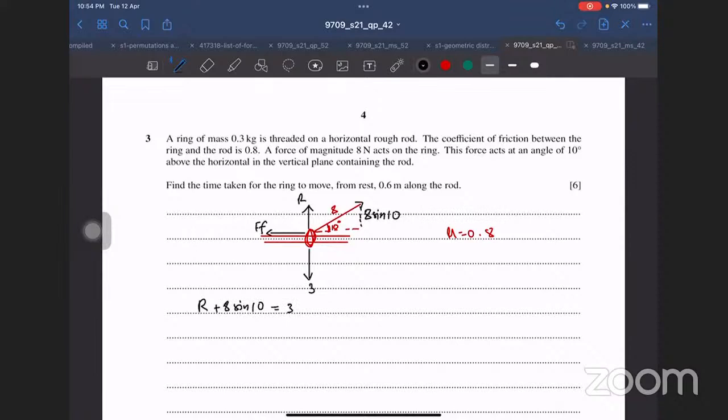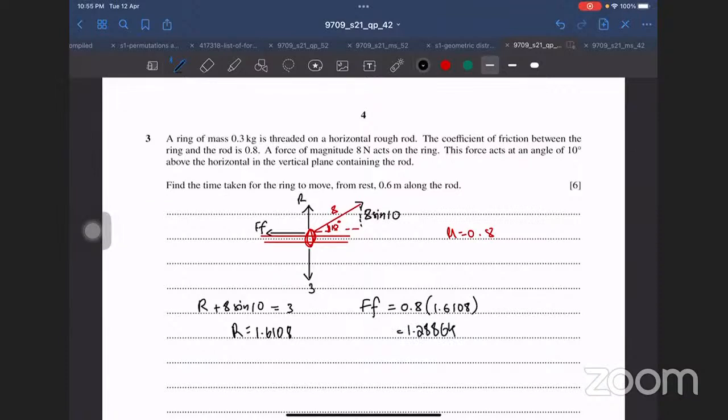The ring must be vertically in equilibrium. It must be moving horizontally, but vertically it's in equilibrium. So I get R equals 3 minus 8 sine 10, which is 1.6108. In order to find the frictional force, I multiply this by 0.8, which gives 1.28864.